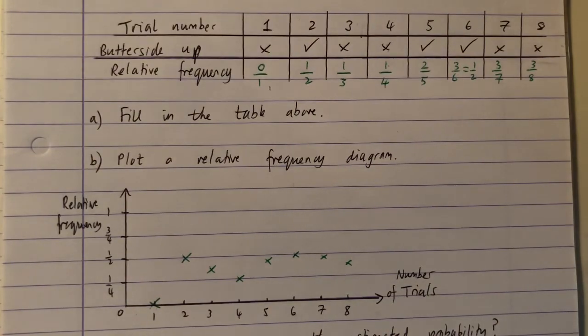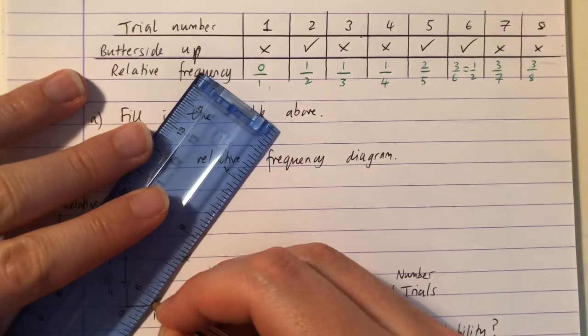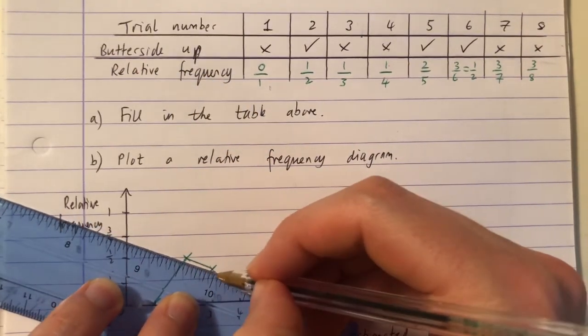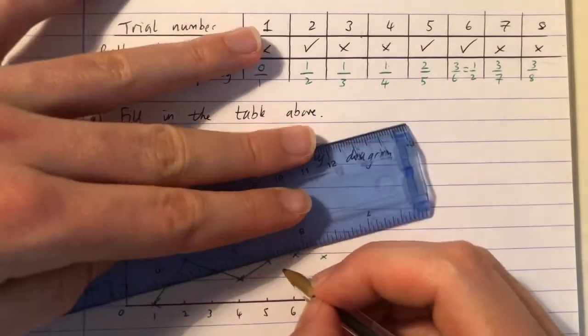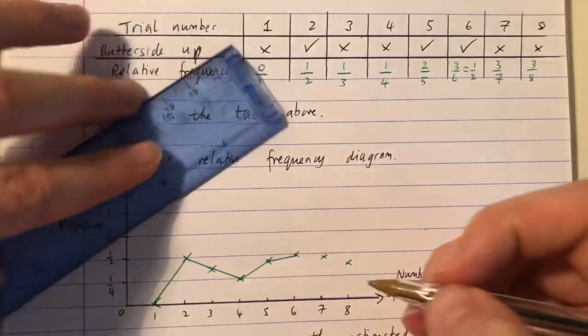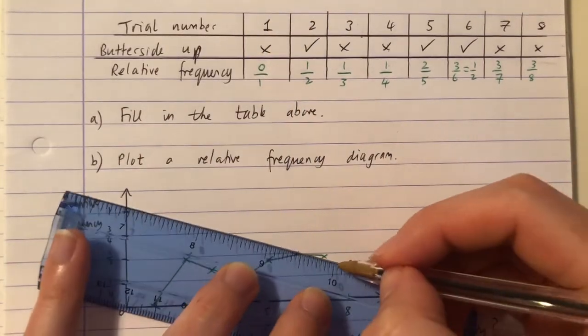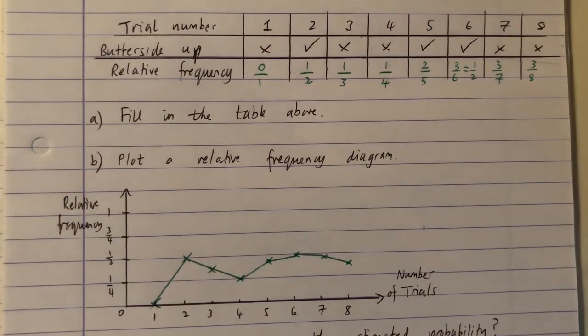And then if you join the dots effectively, use straight line segments to join the dots, you get what's called a relative frequency diagram. And this gives you a visual interpretation of the probability of what's happening.